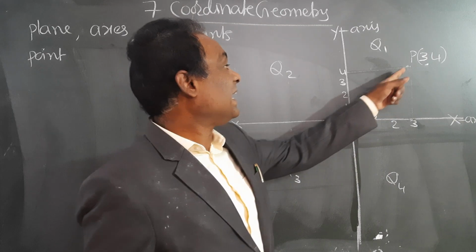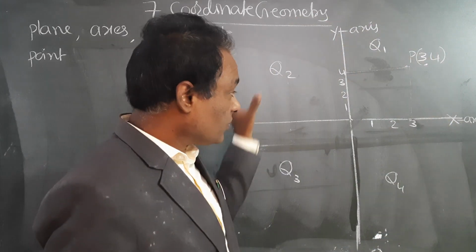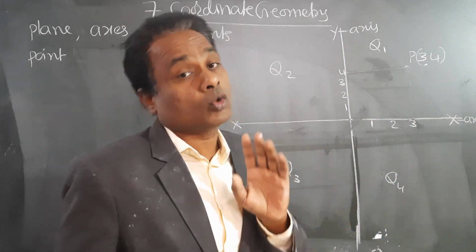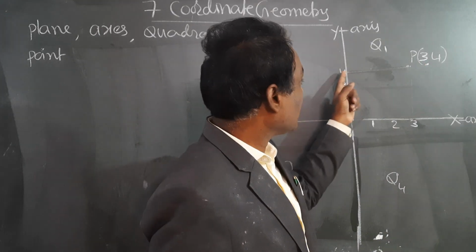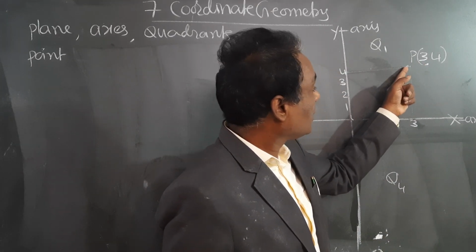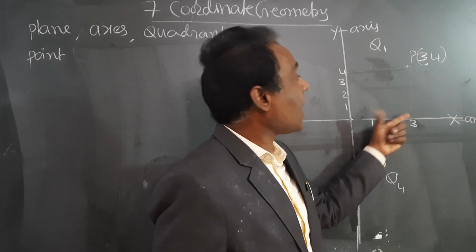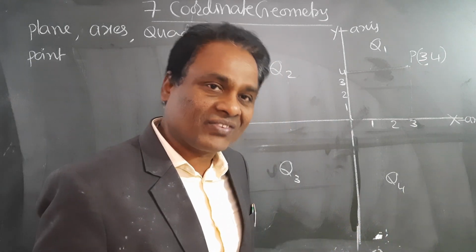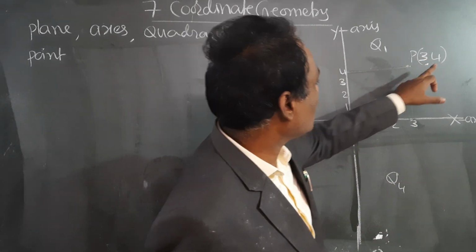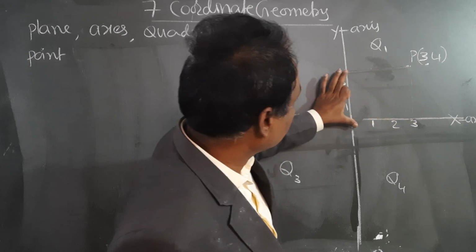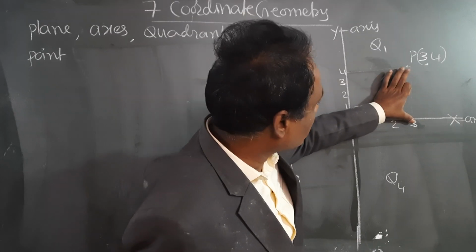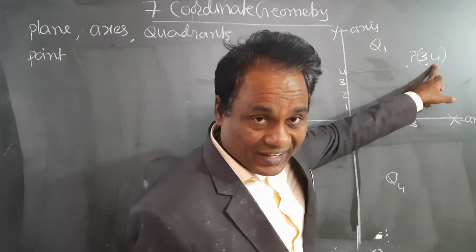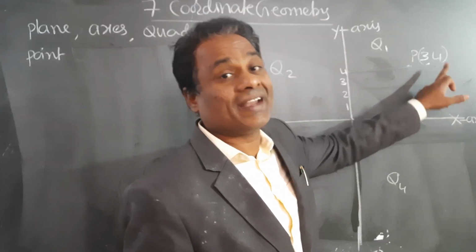That means any point in this system will be denoted by two numbers. The first one represents the first coordinate, horizontal distance, or x coordinate. The second one denotes the vertical distance, or second coordinate, or y coordinate.